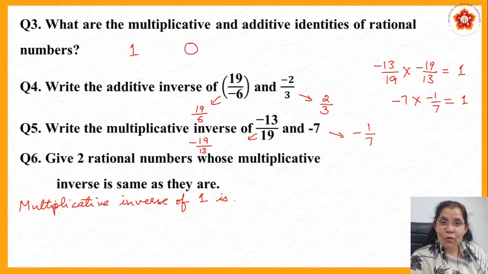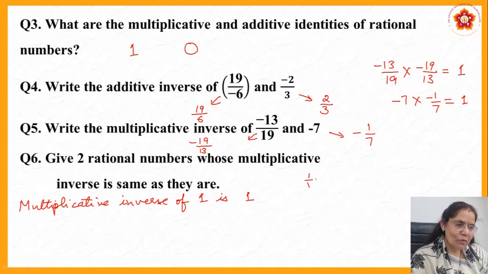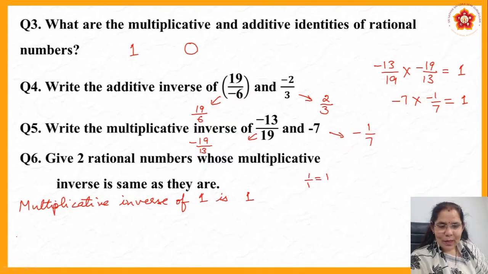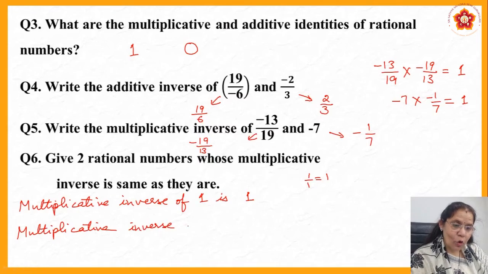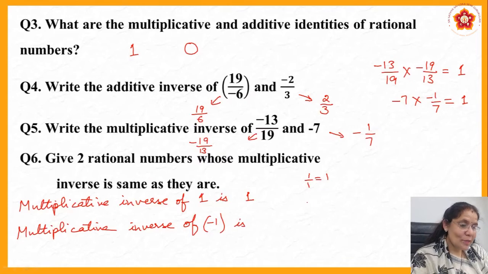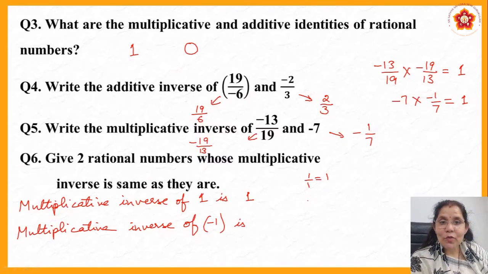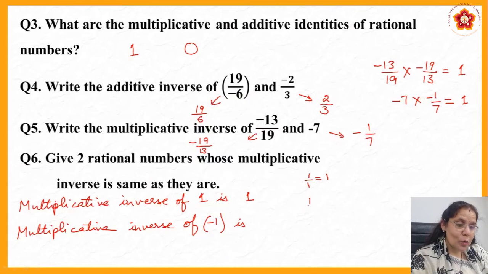And what is the reciprocal of 1? Reciprocal of 1 is 1 only, because 1 upon 1 is 1 only. Now this should have given you the hint for the second number. What is the multiplicative inverse of minus 1? The multiplicative inverse of minus 1 will be its reciprocal. Reciprocal of minus 1 is 1 upon minus 1. And what is 1 upon minus 1? It is minus 1 only.